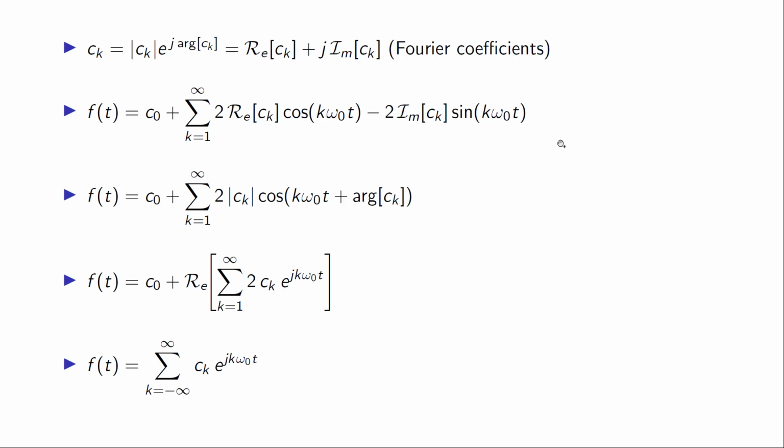The interpretation of this expression is that we decompose f of t into a sum involving sines and cosines of increasing frequencies. We start with the fundamental frequency, k equal to 1, and then we consider the harmonics, with k being an increasing integer.